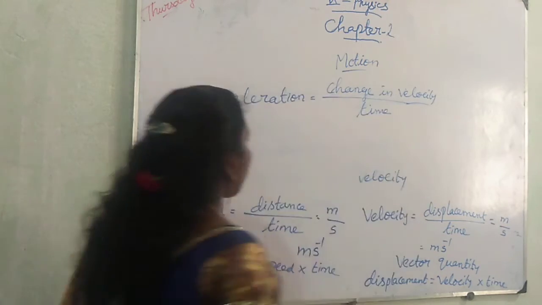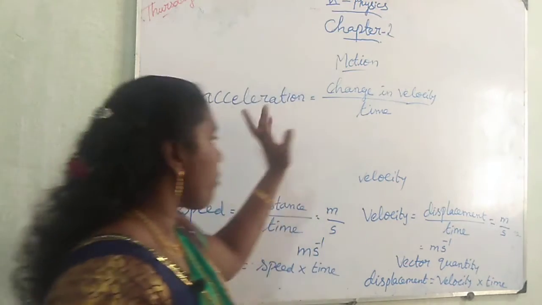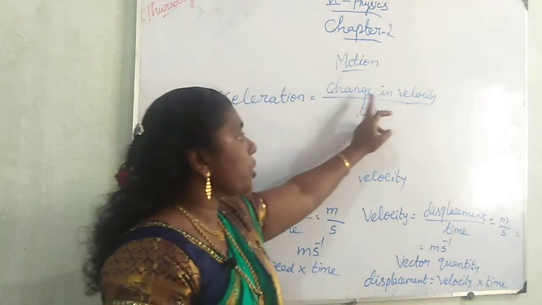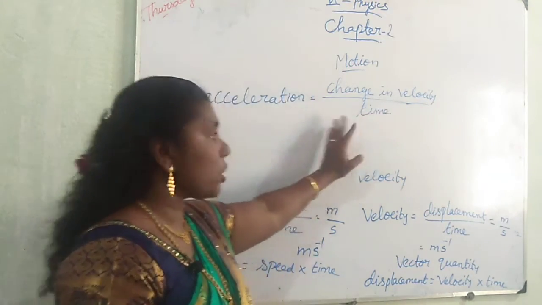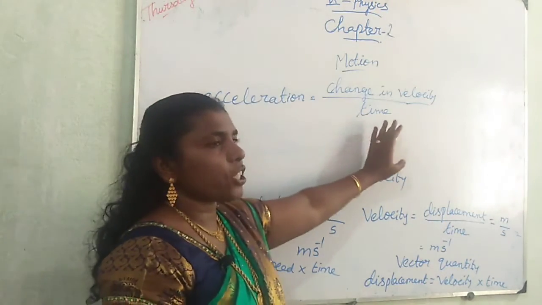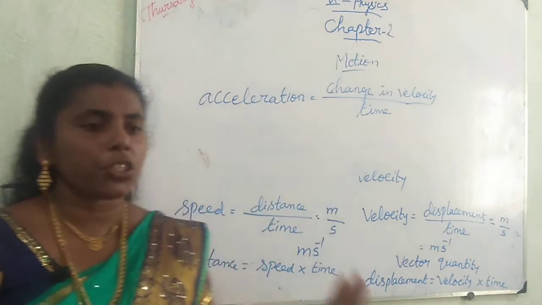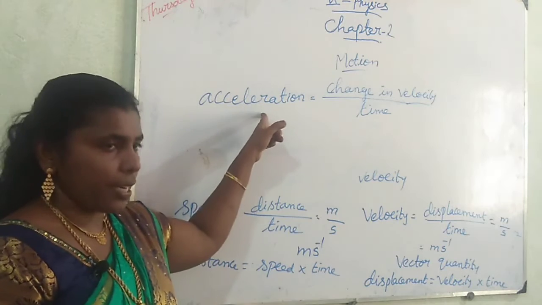So what is the formula for acceleration? Change in velocity divided by time. So the acceleration, rate of change of velocity is called acceleration. The definition for acceleration is rate of change of velocity is called acceleration.